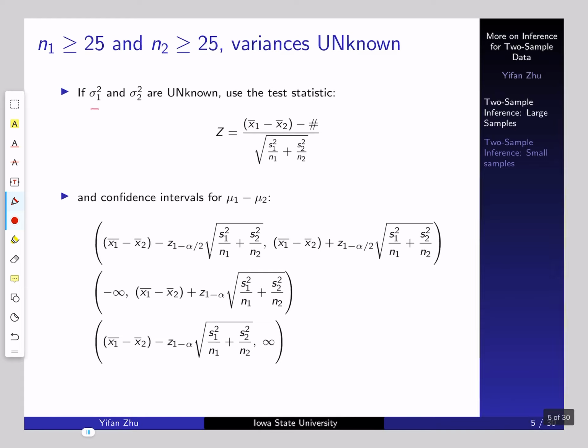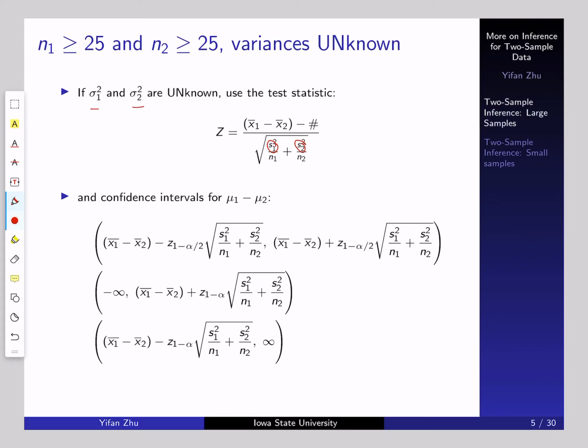If sigma 1 and sigma 2 are unknown, then we use the sample standard deviations to replace sigma 1 and sigma 2. So we use S1 and S2 here for the test statistic.